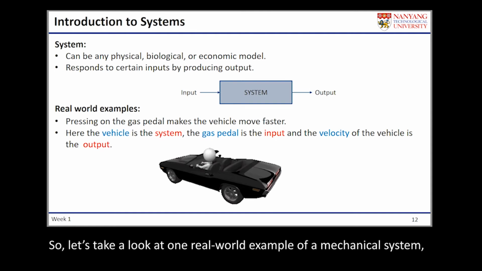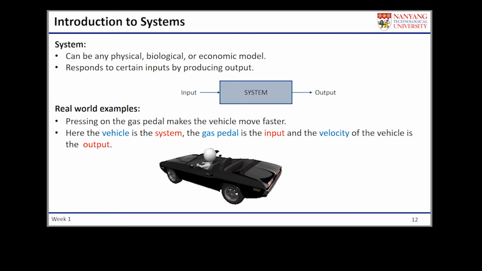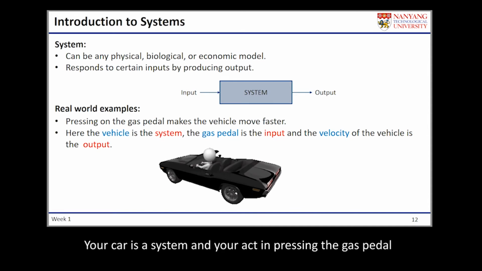So let's take a look at one real world example of a mechanical system, a vehicle, let's say your car. A car by itself is also a system. Your car is a system, and your act in pressing a gas pedal of your car is an act of giving an input to the system.